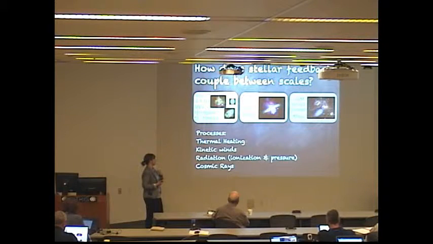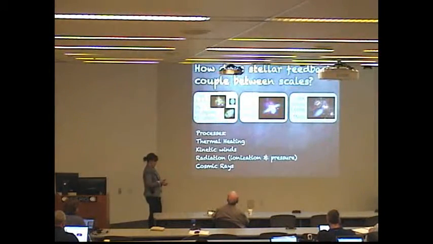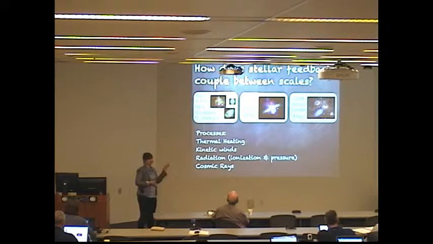Well, we think that stellar feedback plays an important role in shaping galaxy properties and evolution. And it's a hard problem because you have processes that are being generated on scales of stars, of HII regions, of supernova remnants that are parsecs to tens of parsecs in size.